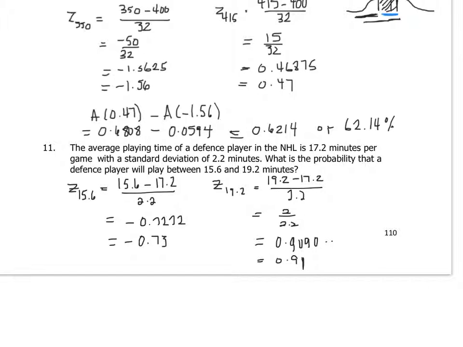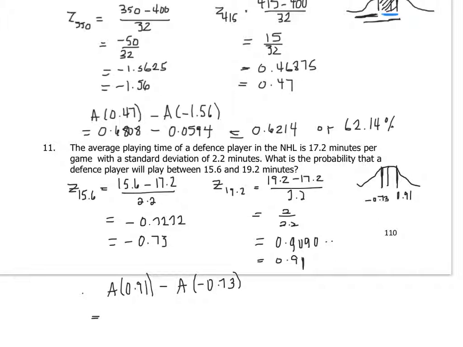So if you want in between 15.6 and 19.2, in terms of which one is on the right, there's your mean, so the negative 0.73 would be here and 0.91 would be there. So you would want the area under the curve of 0.91 subtract the area of negative 0.73.